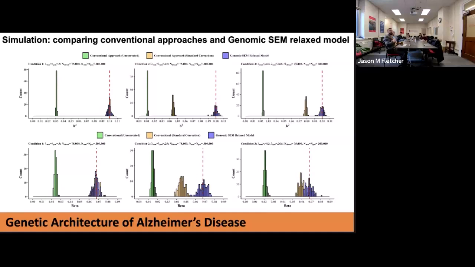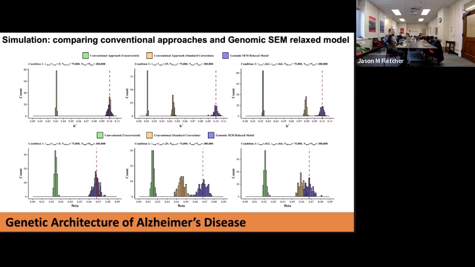The green one is the uncorrected, sample size weighted meta-analysis, and the yellow is the conventional approach with the standard correction of multiplying the effect sizes by 2. Of course, in conditions where the simple GWAS model assumptions are correct, like attenuation coefficients being exactly 0.5, they work, but we don't find that empirically.